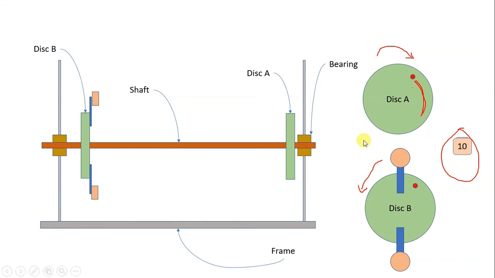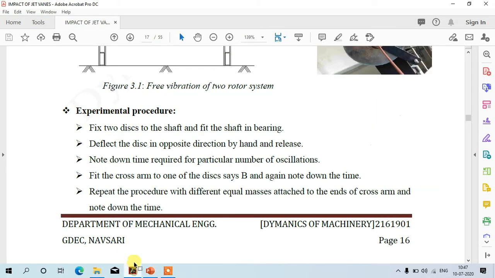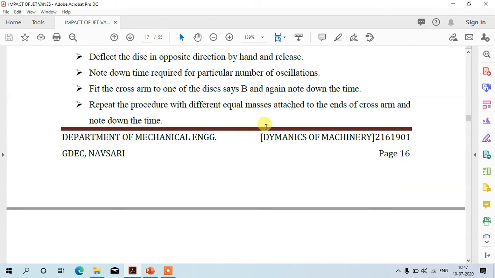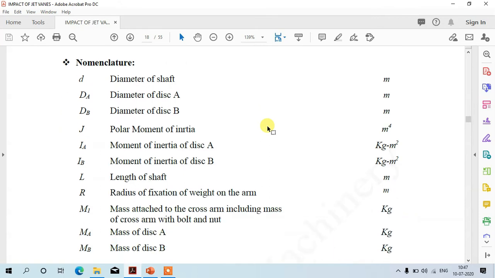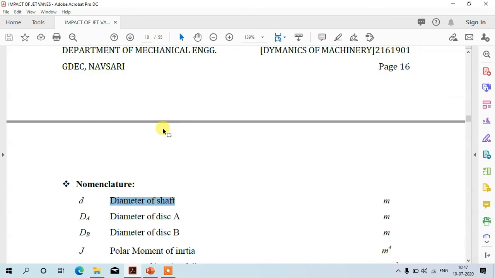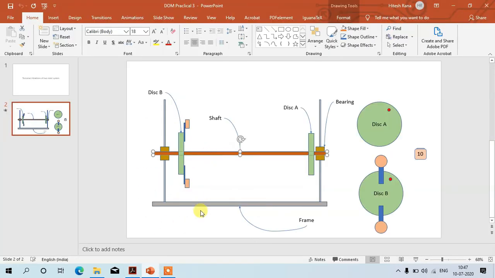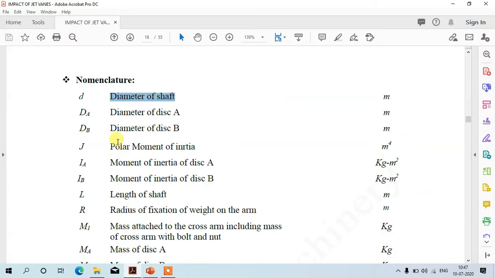After recording the time period, we will go to the calculations. This is the experimental procedure which I have just explained. Now the nomenclature goes like this. Small d is the diameter of the shaft which is connecting the two rotors.